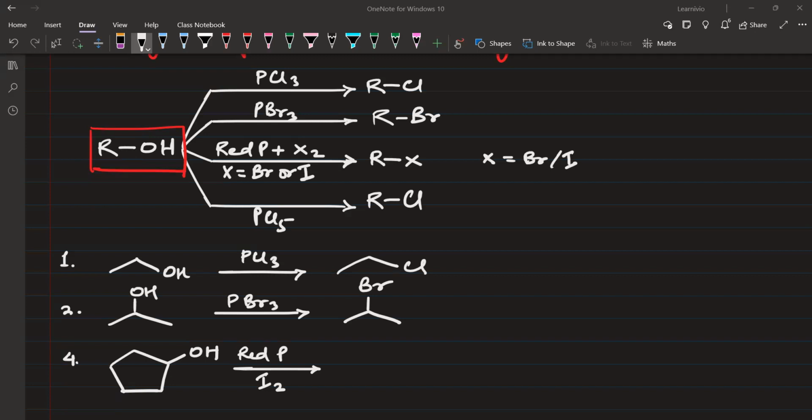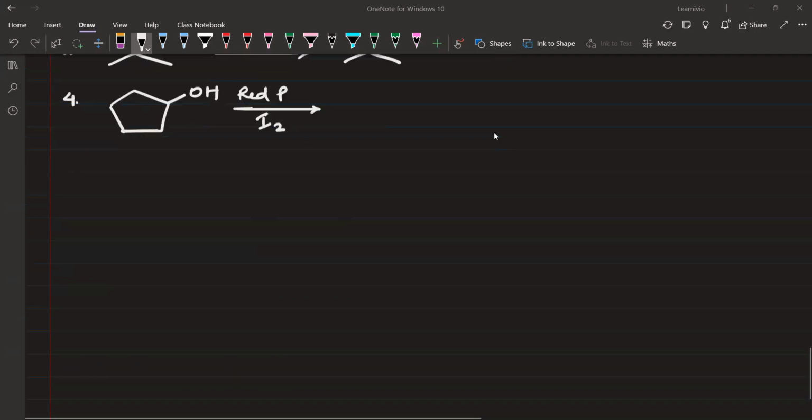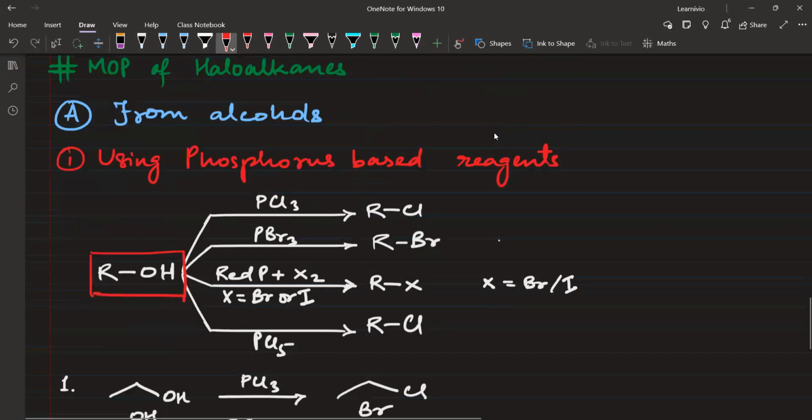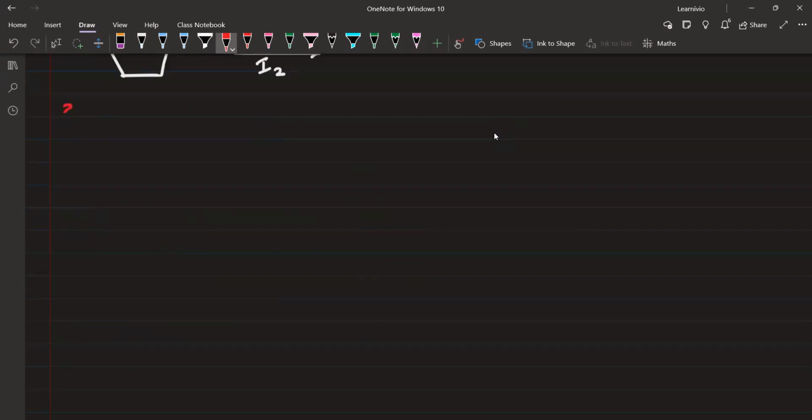चलिए नेक्स्ट लिखिएगा. Using thionyl chloride. We are still from alcohols only. This is using thionyl chloride. Okay, this is important.